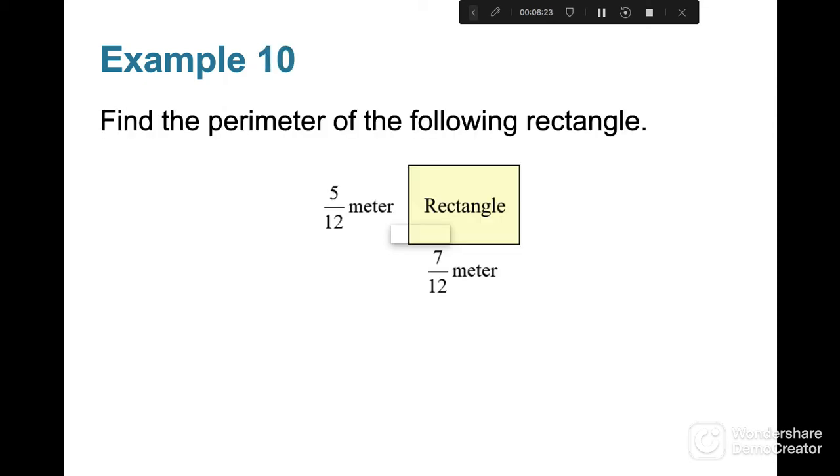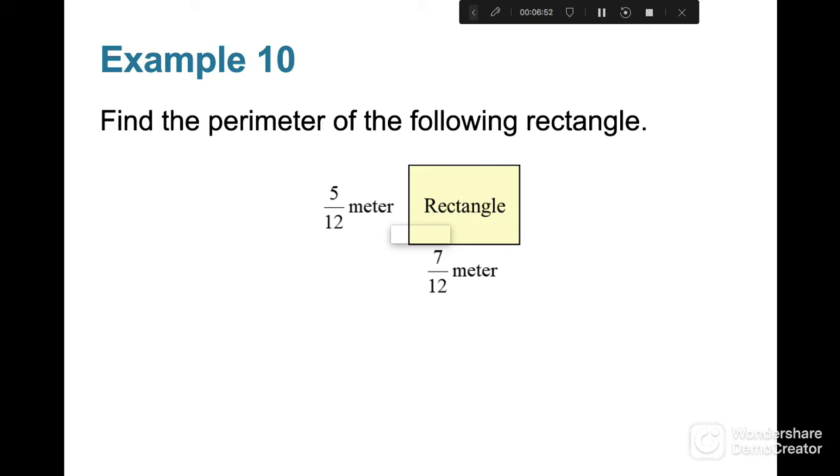Okay, then there will be several of these on your homework, maybe not today, but definitely tomorrow, where we find perimeter. In order to find the perimeter of something, what do I have to do? Add all the sides together. Is it any different when they're fractions? Same rules for adding fractions that we've been doing. So what we have here is 5/12 and 7/12.